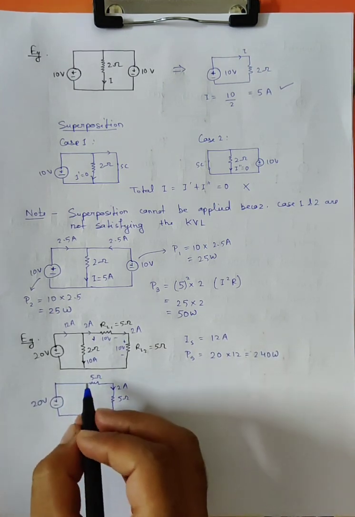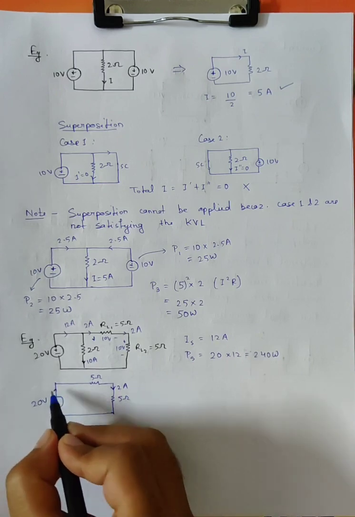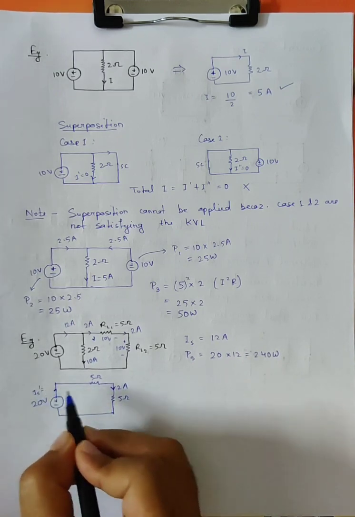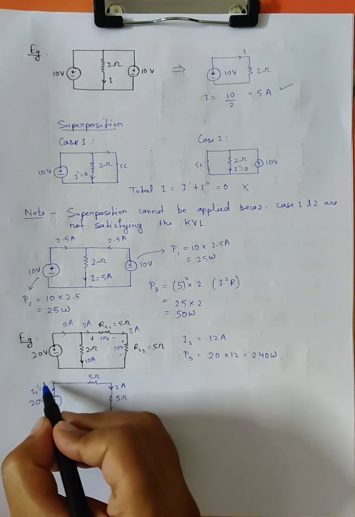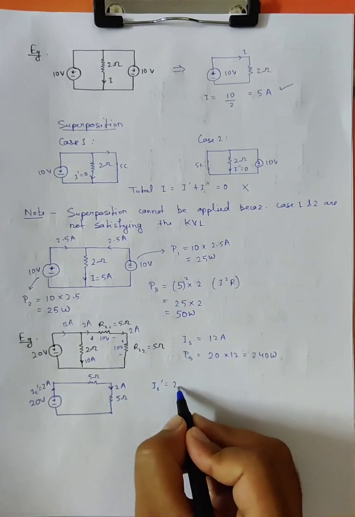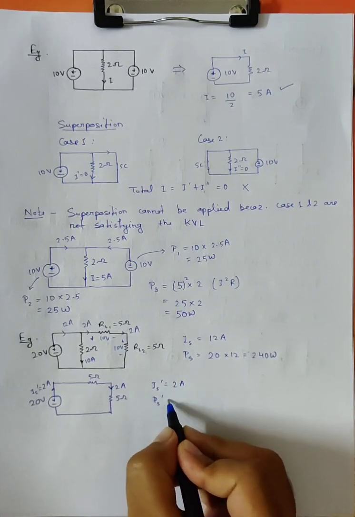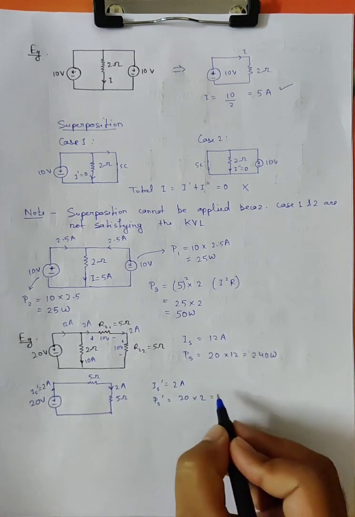If we calculate the source current and source power, IS dash is 2 ampere, and PS dash is equal to 20 into 2, which is equal to 40 watts.